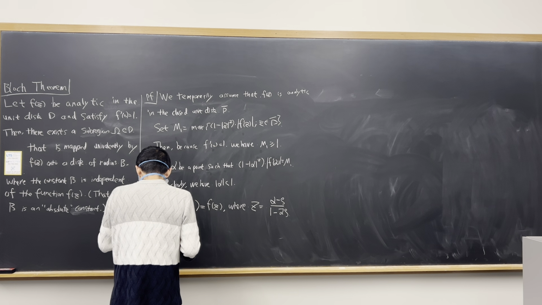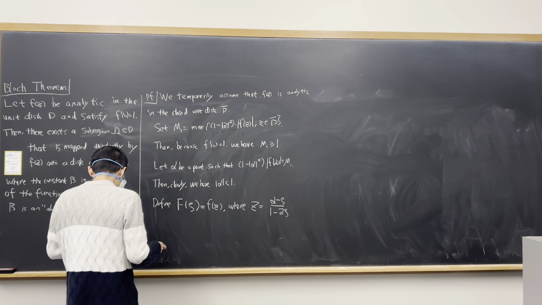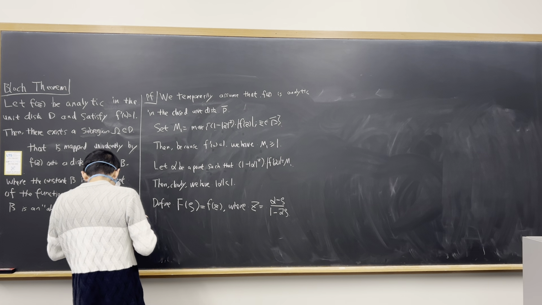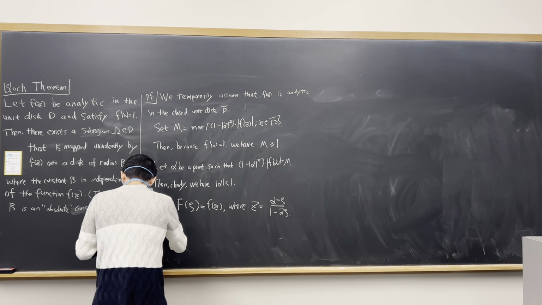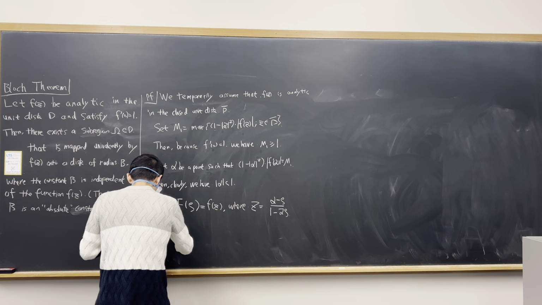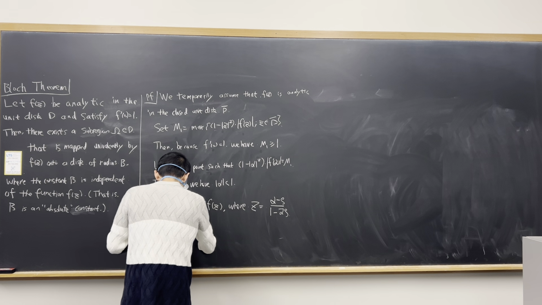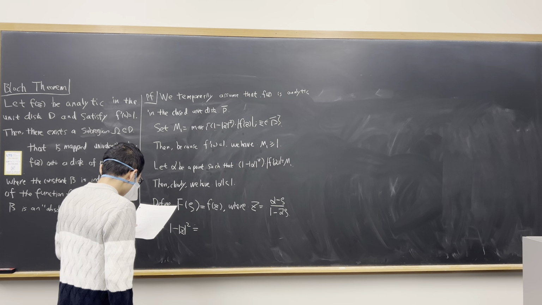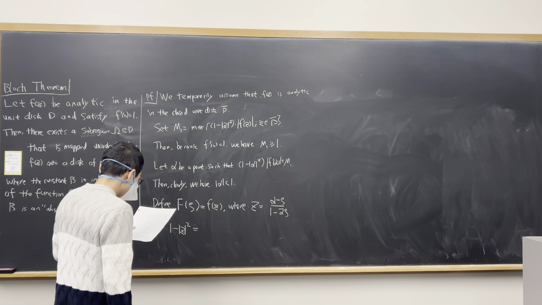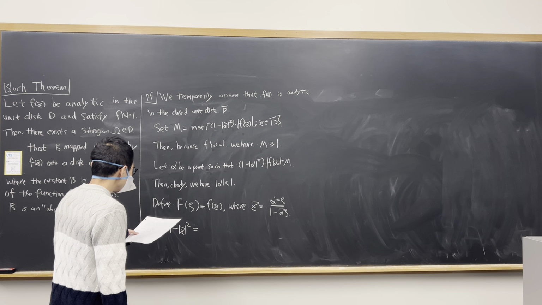So therefore we have this 1 minus modulus of z squared equal to, so here we do a little bit of computation.